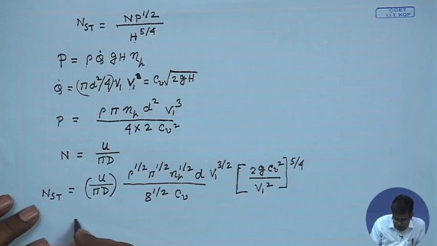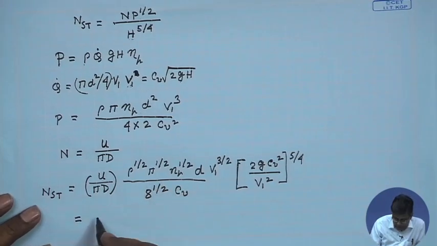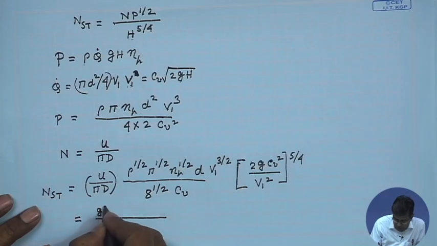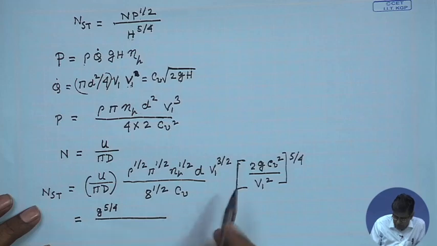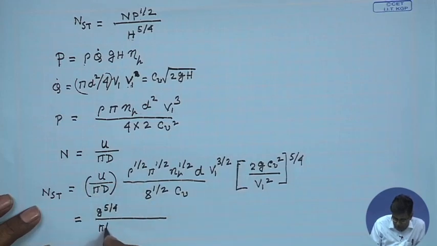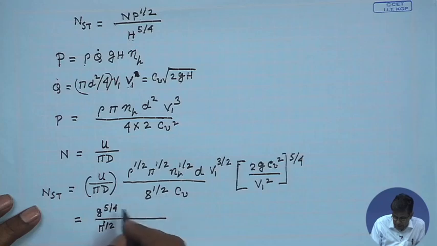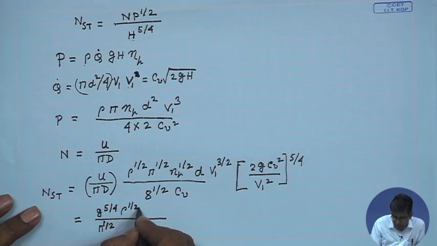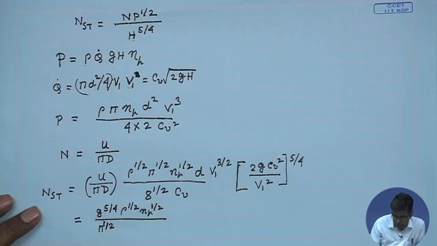Now, if I take all these constants together, that means it is like this. If we take g to the power 5 by 4, then pi to the power half, rho to the power half, eta H to the power half.